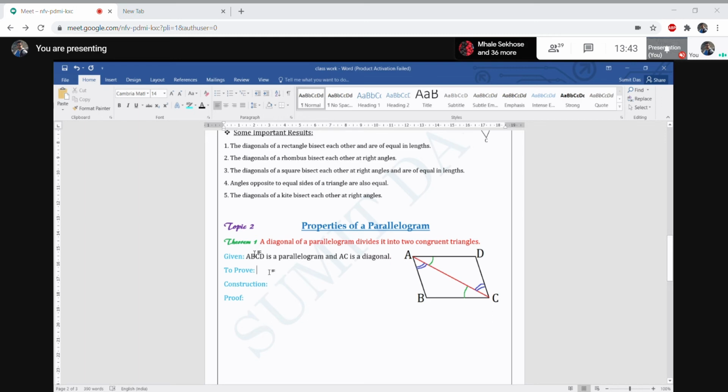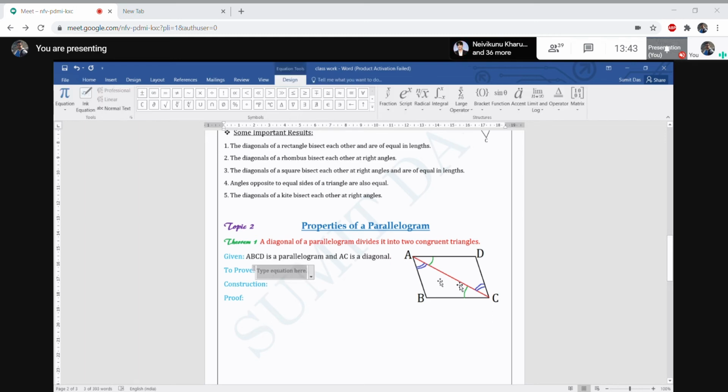Next, to prove, what we have to prove is that these two triangles are congruent. So triangle ABC is congruent to, write the congruent sign, triangle ADC.